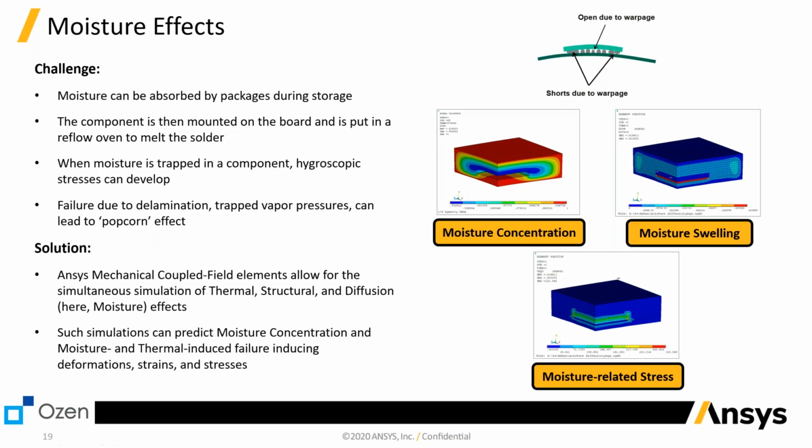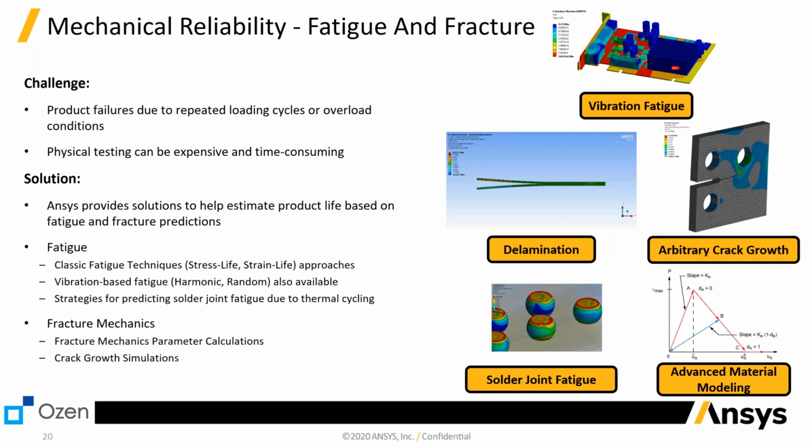So all of this can be simulated. And how do we simulate that? We simulate it in ANSYS Mechanical by using coupled field elements, which is a simultaneous simulation of thermal, structural, and diffusion physics. And here the diffusion is really the moisture, because moisture is going to diffuse inside these layers.